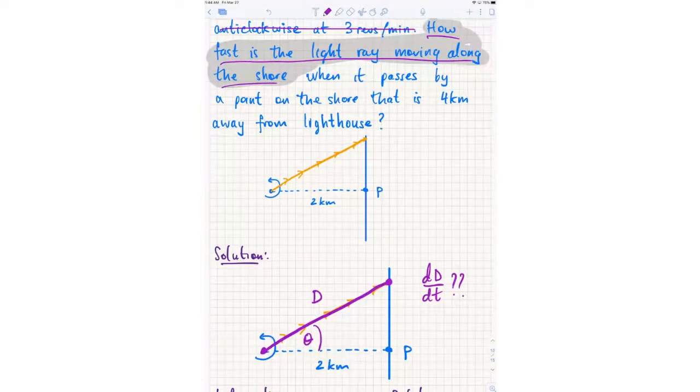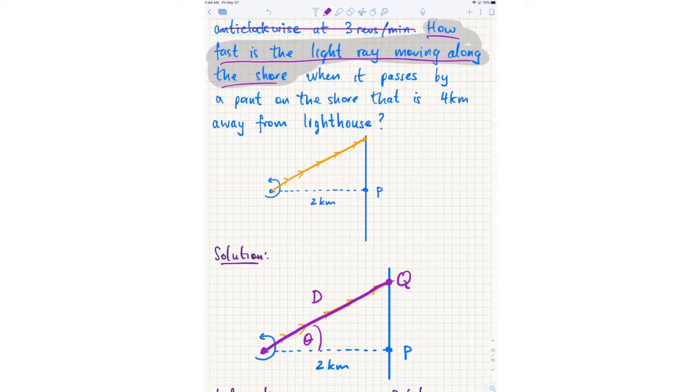It would be the distance from where the light source hits the shore and P. Okay, good. So actually, we are going to need this length, so I'm going to leave it there. But the length from the lighthouse to this point, let's actually label that point. Let's call it Q. So the distance from the lighthouse to Q is important.